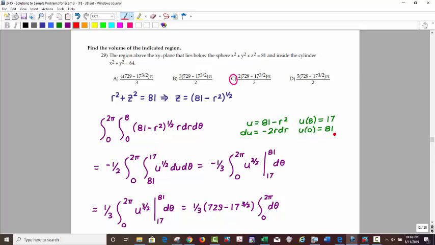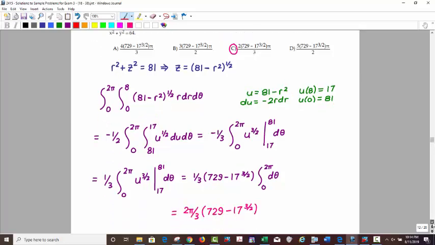Put in 0, you get 81. I have a negative 2r dr, so I have a negative 1/2 that will come out from both sides. 0 to 2 pi, 81 on bottom, 17 on top, U to the 1/2 du d theta.